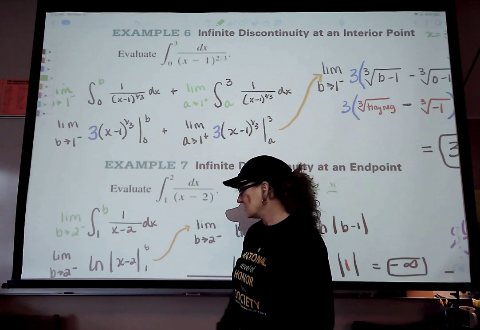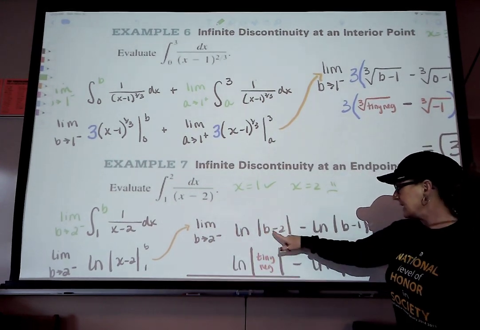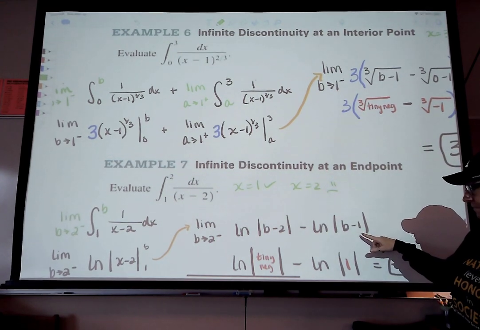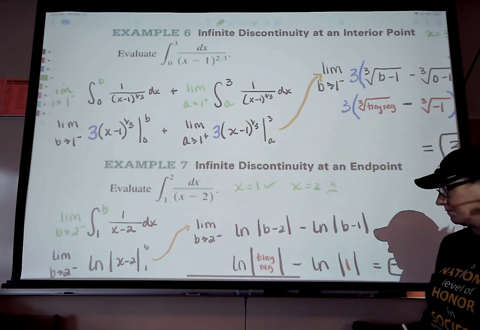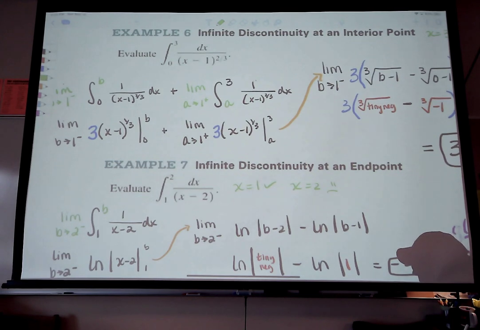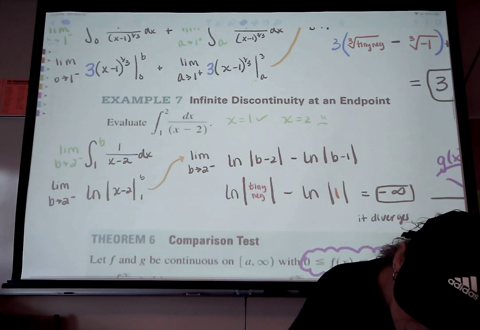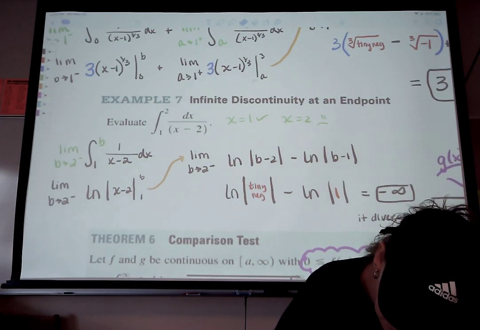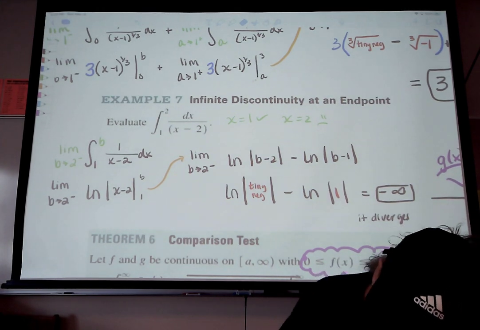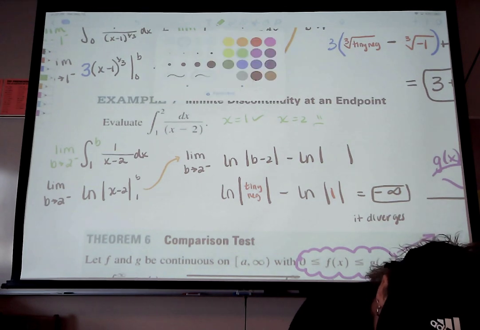So I did my antiderivative, subbed in b, subbed in 1. Sub in b, b minus 2. Sub in 1. You get 1 minus 2.